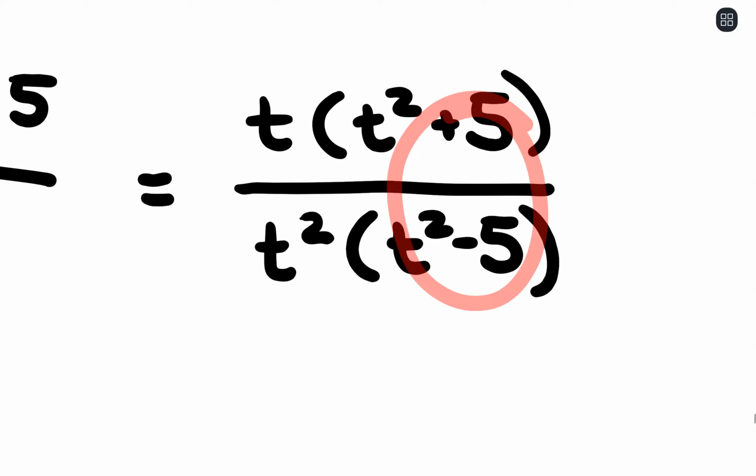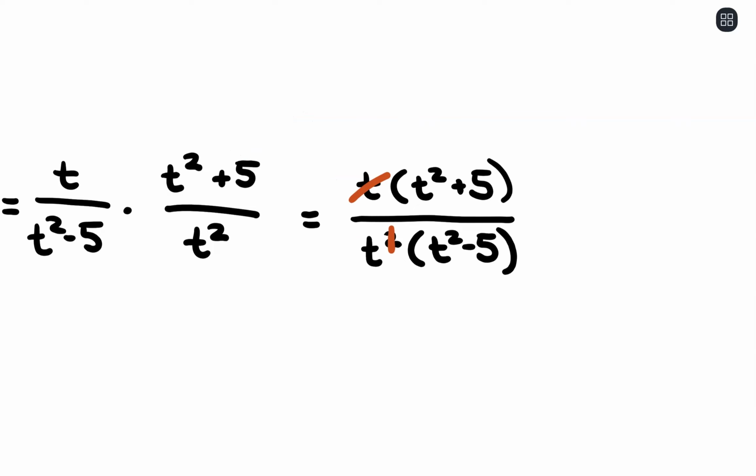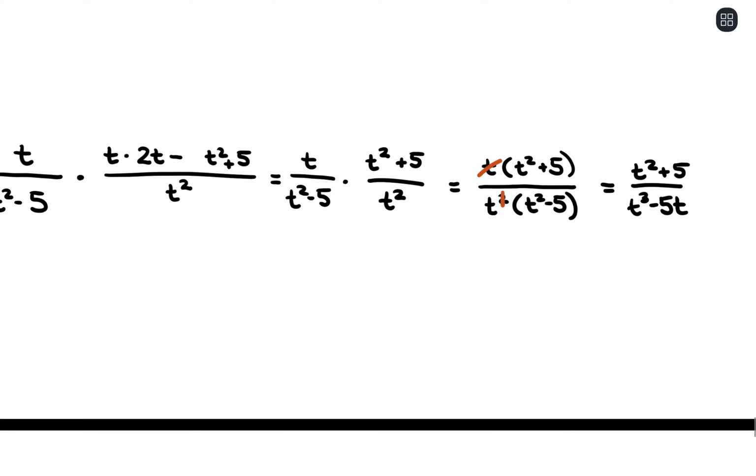But I can't cancel out any of these because up here's addition and this is subtraction. So those are stuck. But t and t squared, I can cancel, so I just have 1t left over in the denominator. So this is going to simplify to t squared plus 5 over, then we could distribute it in now that we've simplified. Let's go t cubed minus 5t, and that would be done.